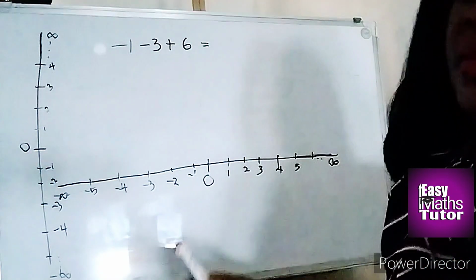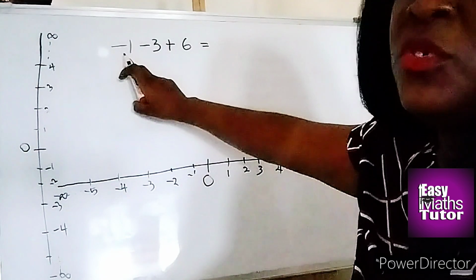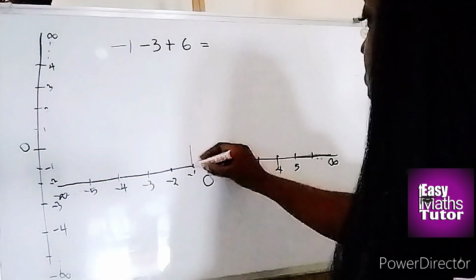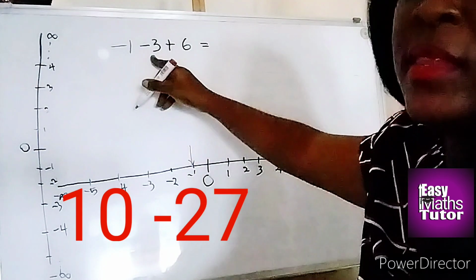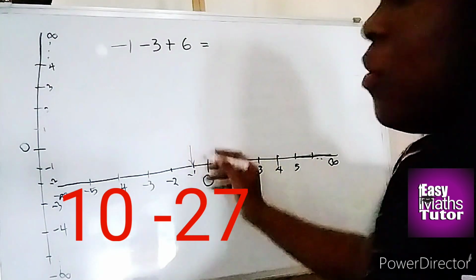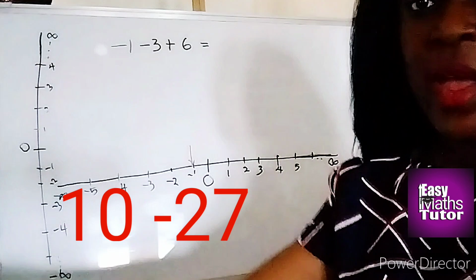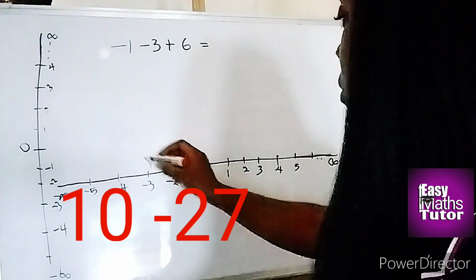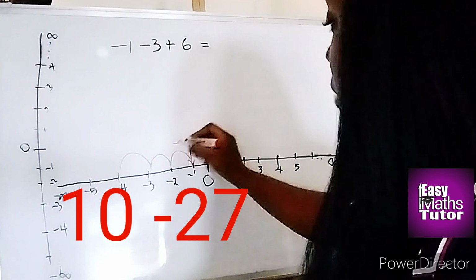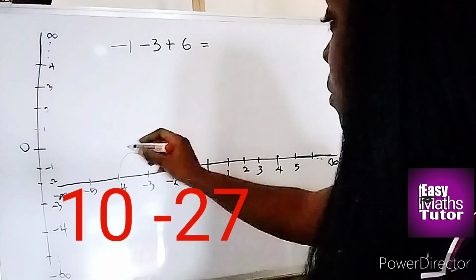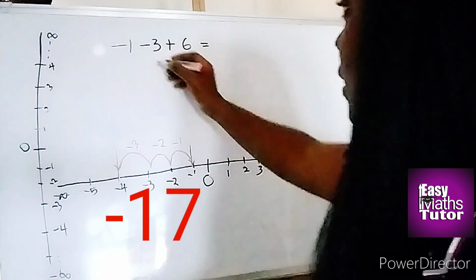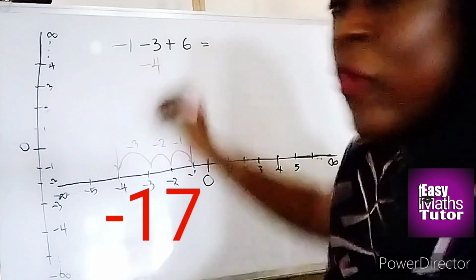We start at -1, and then we're counting -3. That means we're going to the left-hand side. So let's count -1, -2, -3. And this is where we have landed. We landed at -4.